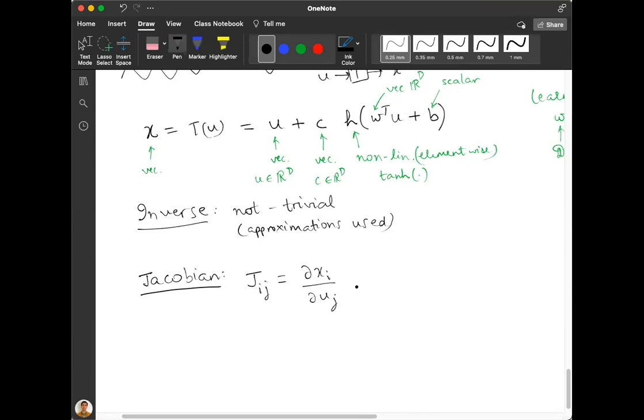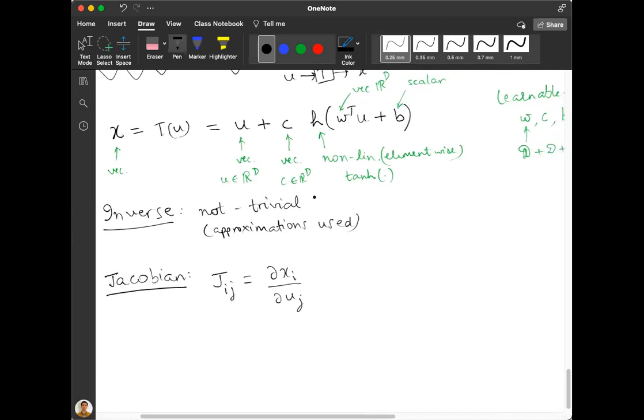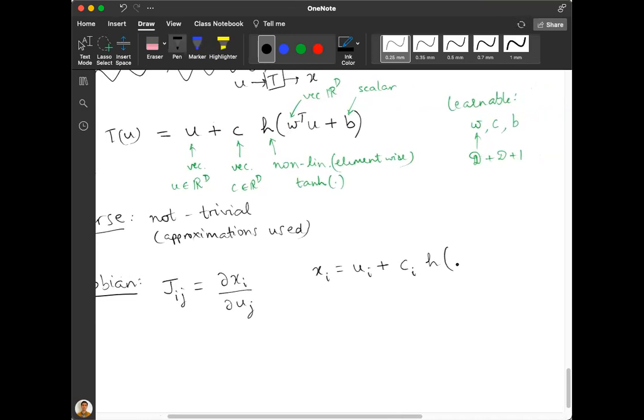Okay, so let's compute. To compute this, first let's write the whole formula in terms of elements. So my x_i is equal to u_i plus c_i times this scalar quantity, which is h of w transpose u.